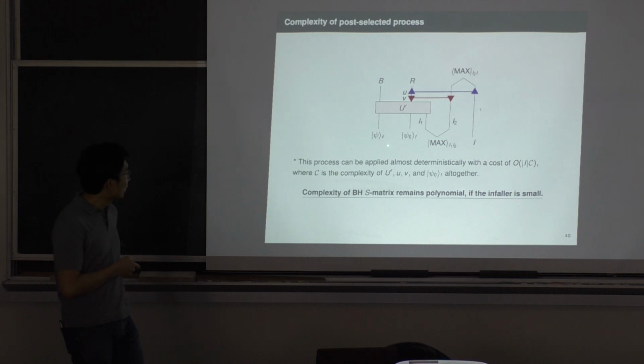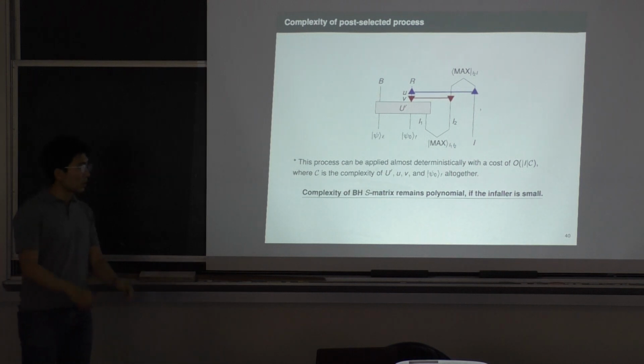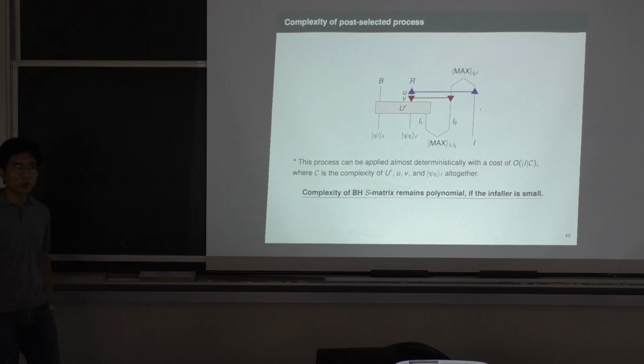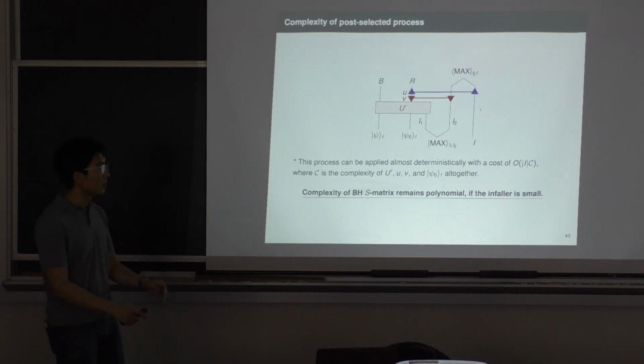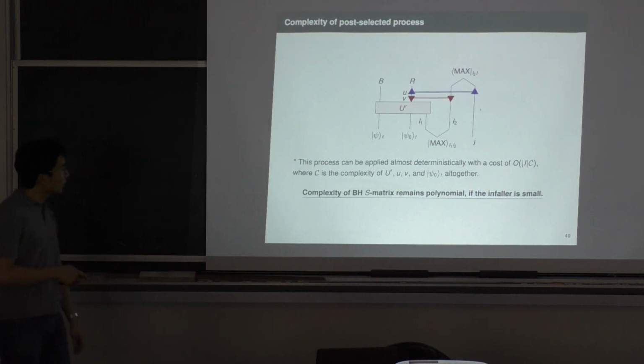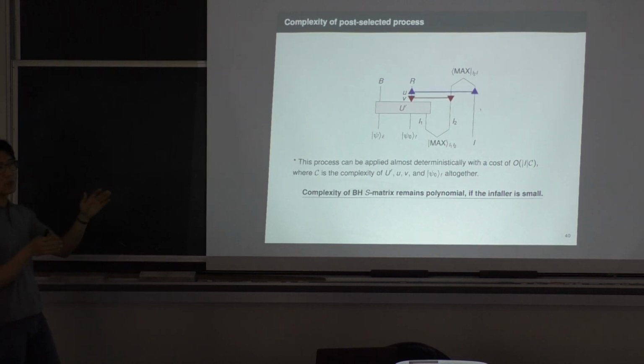So after all that, what we can see is that this process can be applied almost deterministically with a cost that is proportional to the degree of the polynomial, which is proportional to the dimension of the informer. So overall, the cost is all the unitaries that are used here, call it C, times this degree, which is essentially pi.